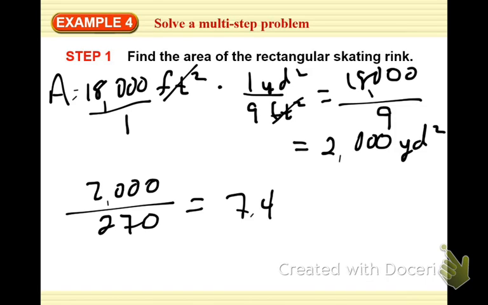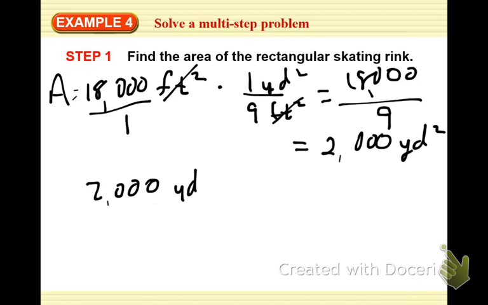If you want to see that, we're back to unit analysis again. 2,000 square yards. Now, it says that it can clear 270 square yards in 1 minute, but I want my 270 square yards to be on the bottom here, so my square yards will divide out, and I've got my 1 minute here.